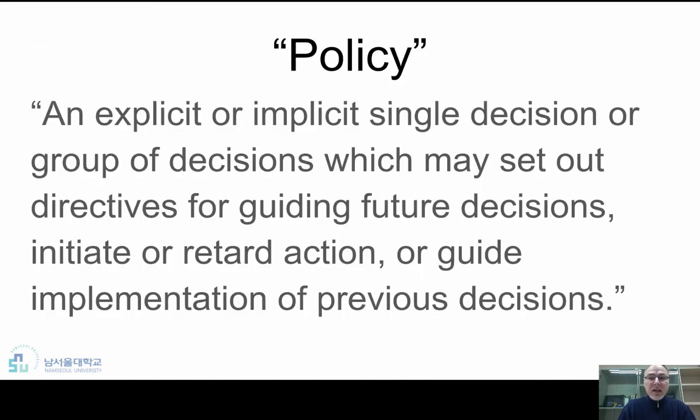Policy itself is either a single decision or a series of decisions that guide future decision making. They can start or stop actions or activities, and they can also provide guidance for the implementation of previous decisions or previous policies.